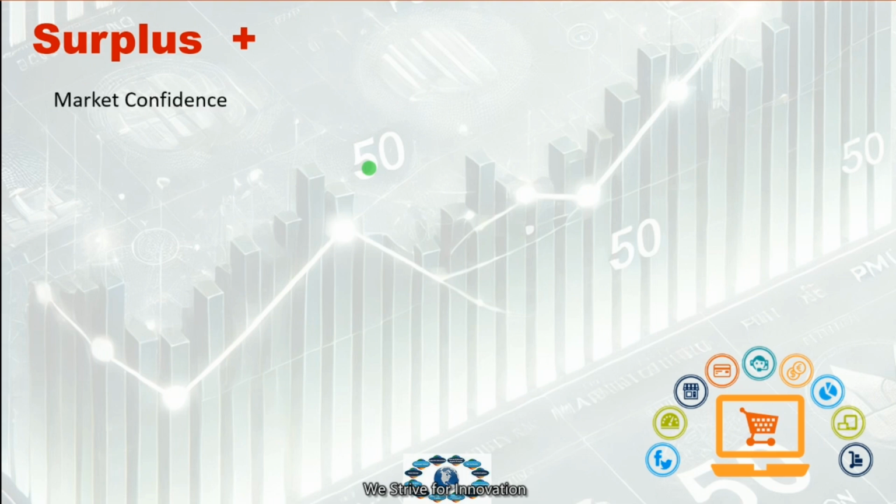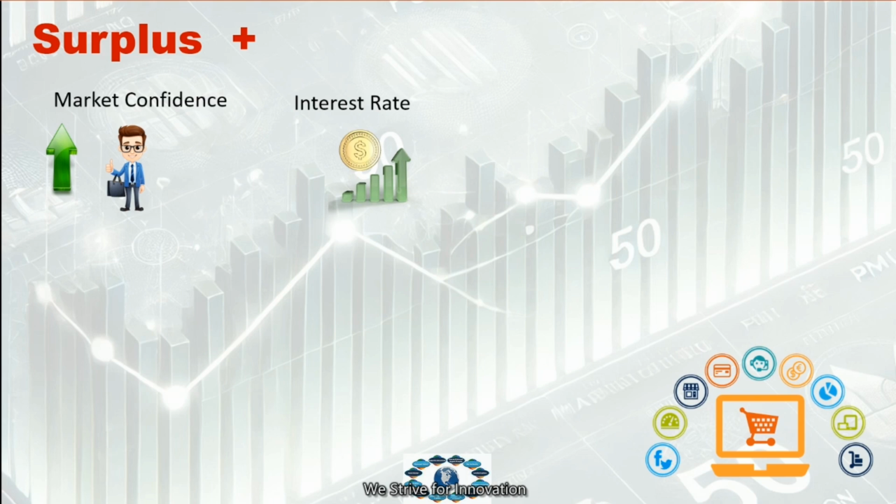Let's go first for the market confidence. A surplus signals a strong trade position, potentially boosting market confidence and the local currency and attracting investors. So the market confidence goes up. How about the interest rate? A surplus can lead to a lower interest rate since there is less need for foreign capital.